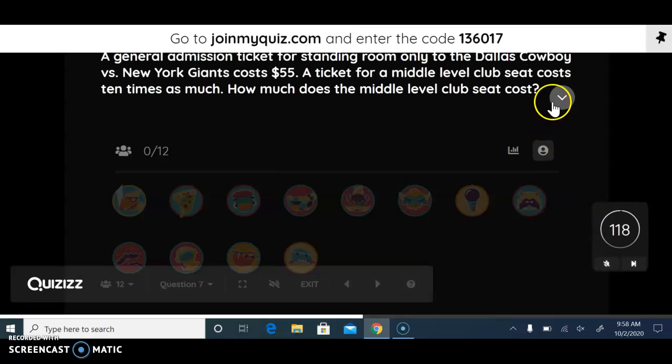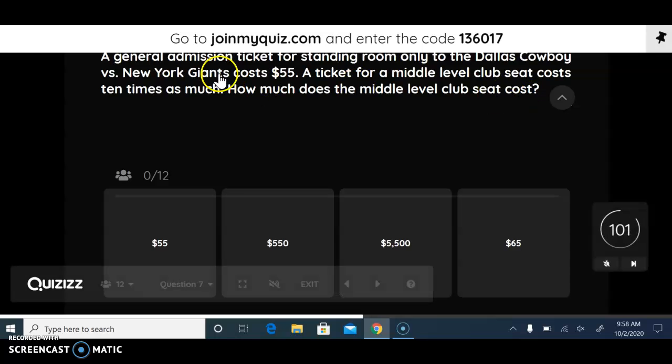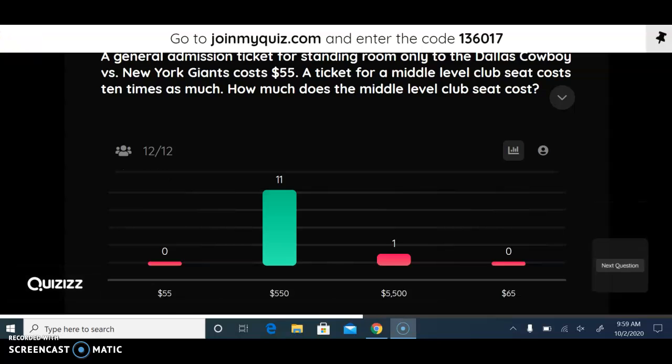A general admission ticket for standing room only to the Dallas Cowboys versus New York Giants game cost $55. A ticket for a middle-level club seat costs 10 times as much. How much does the middle-level club seat cost? 10 times as much as $55 is how much, Alexis? $550.